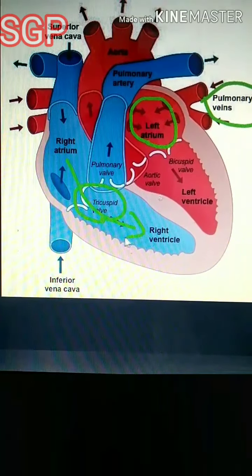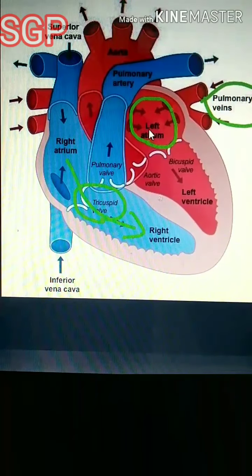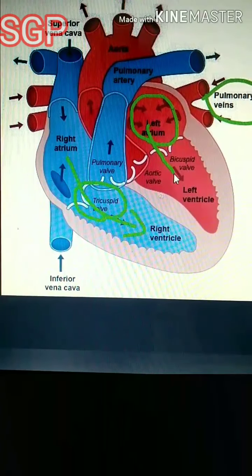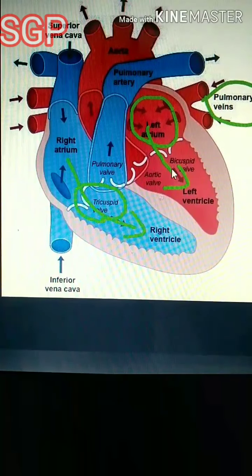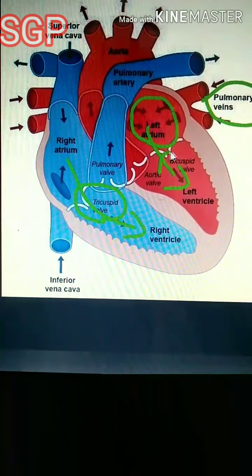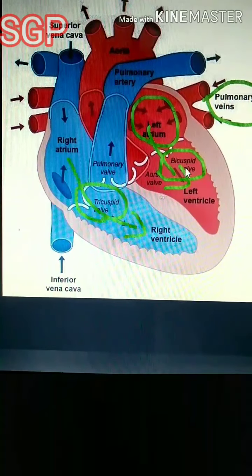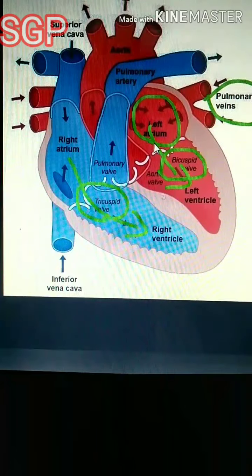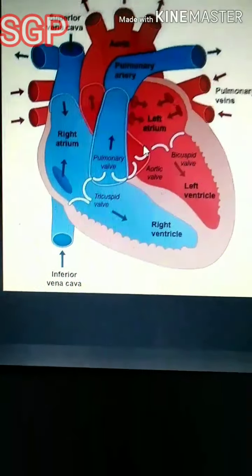In the same manner, blood enters from the left atrium into the left ventricle through the bicuspid valve.